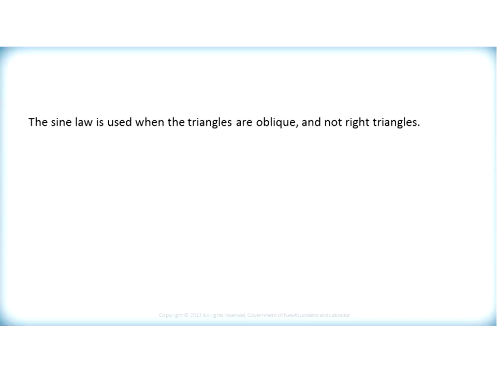Okay, so this sine law, which we haven't yet defined, is used when triangles are oblique. In other words, they're not right triangles. So we use the sine ratio when we have a right triangle, but now we're going to use the sine law when we don't have a right triangle.